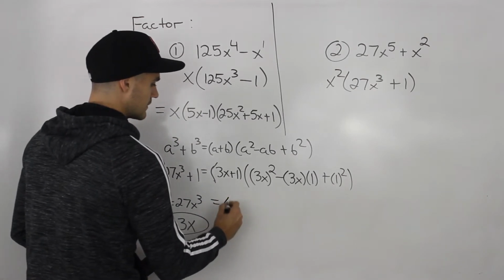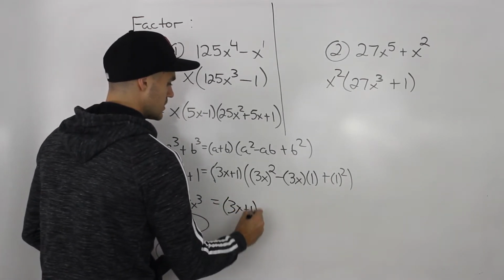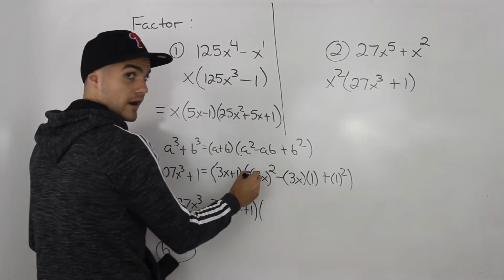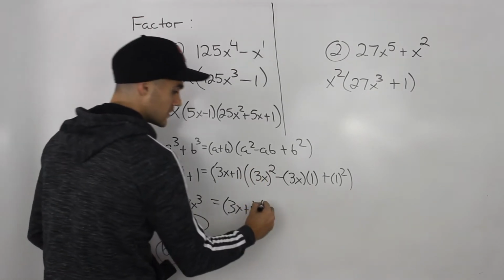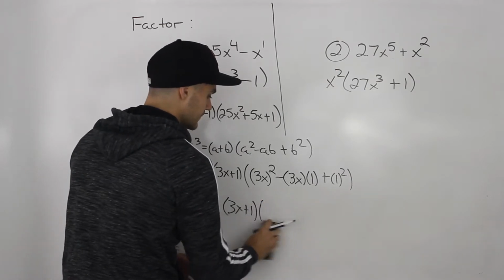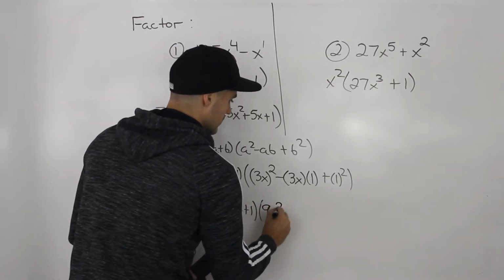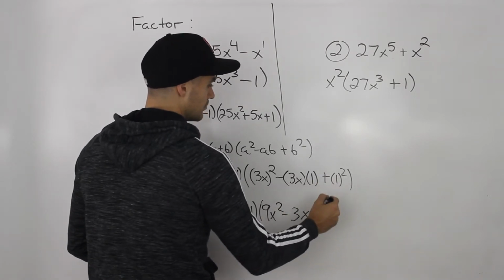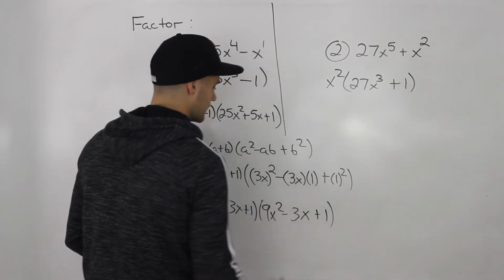Simplifying this, we'd have 3x plus 1, and then 3x in brackets squared. We have to square the 3 as well, so that gives us 9x squared. 3x times 1 is negative 3x, plus 1 squared is just 1.